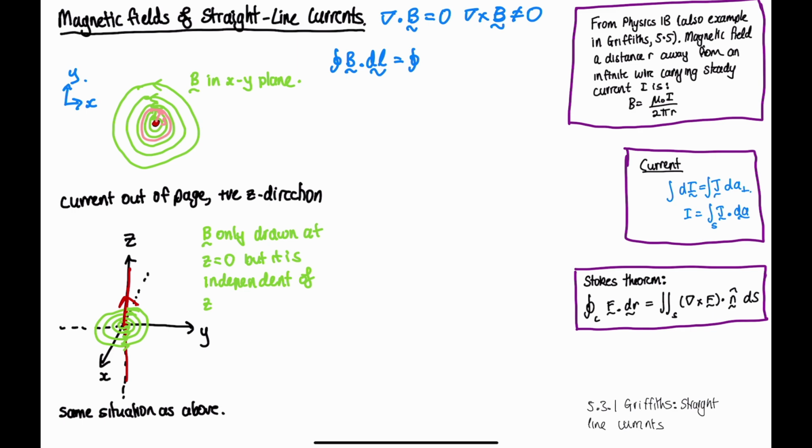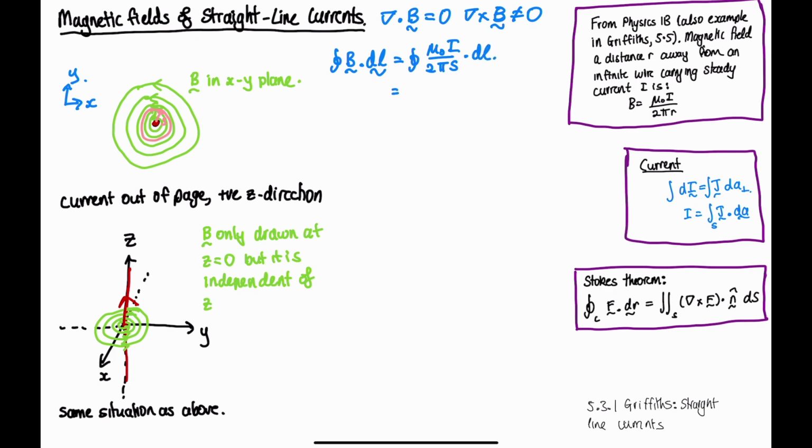So this will be equal to mu naught I divided by 2 pi S, because we've let our path have a radius S. And then I need to multiply it by that path length, which is just dl.